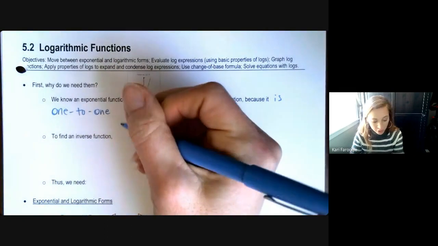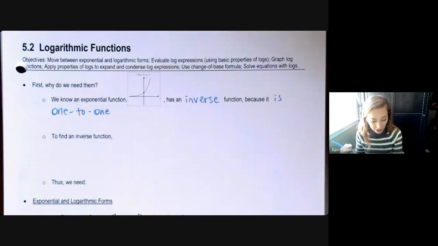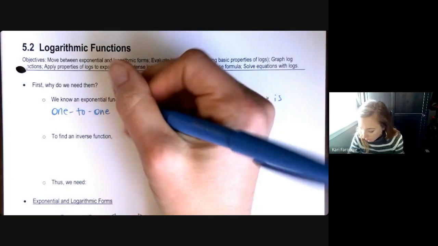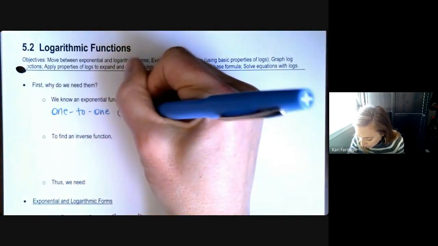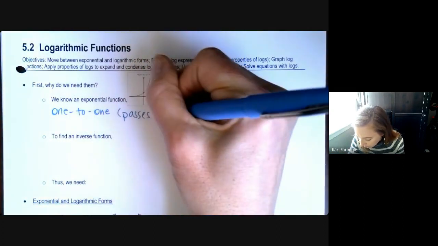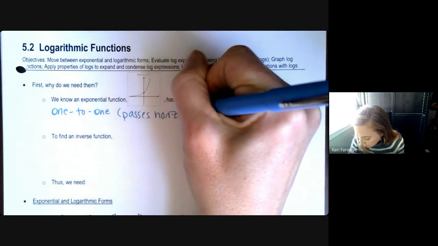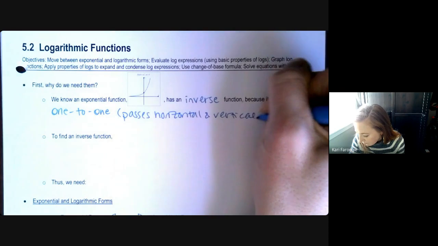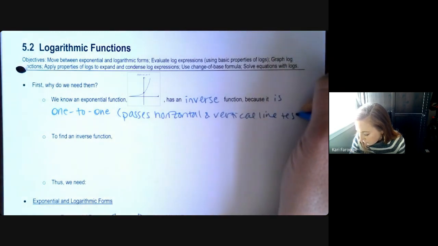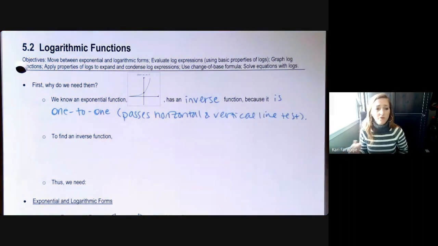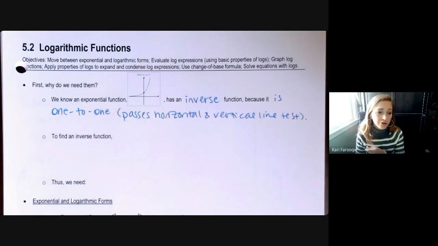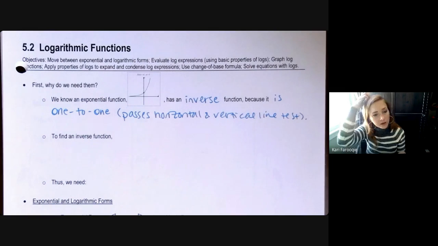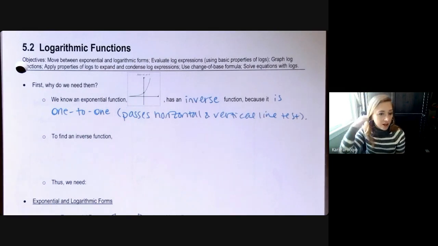Now, if you don't remember what it means to be one-to-one, it means it passes the horizontal and the vertical line test. So it's a function because it passes the vertical line test. It's a one-to-one function because it also passes the horizontal line test. So we know that this function has an inverse function.